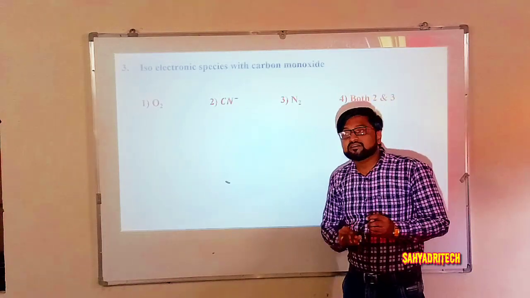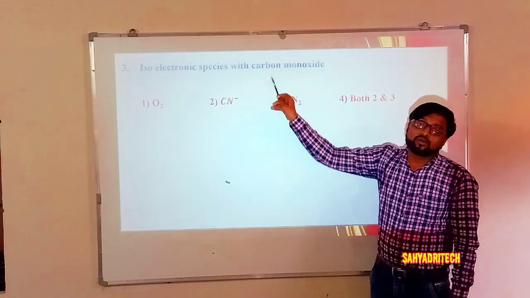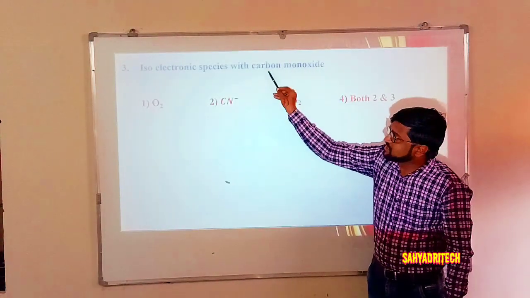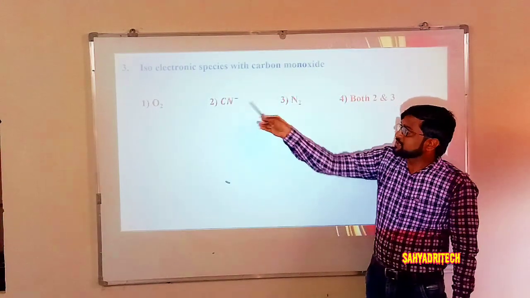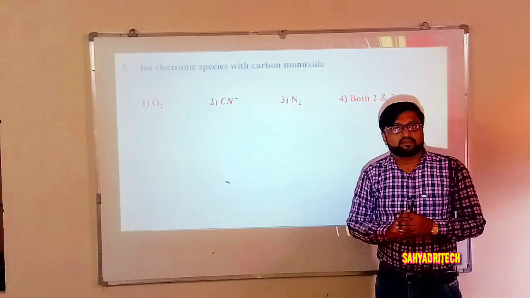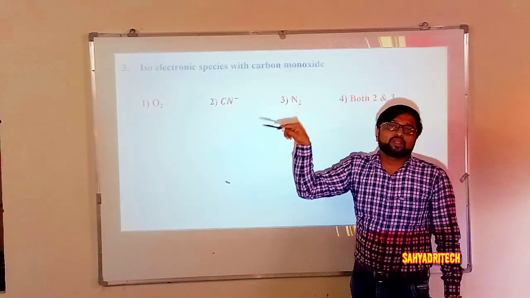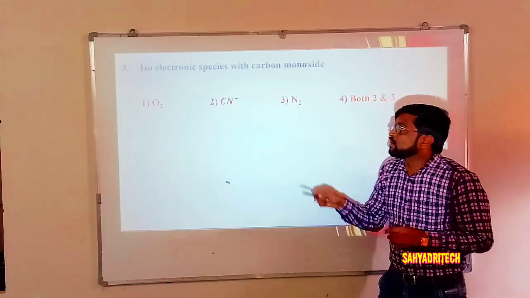Now what is the question here? Isoelectronic species with carbon monoxide means whatever the number of electrons present in carbon monoxide will be equal to that of some given chemical species. If both are the same, then carbon monoxide is isoelectronic with that chemical species. How to get the answer?